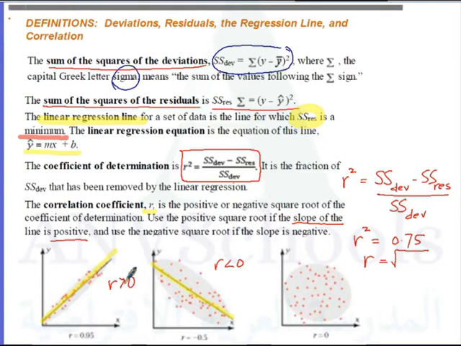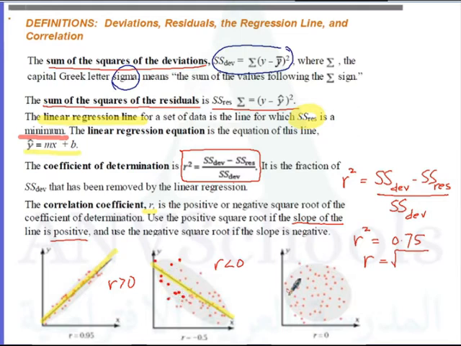And R is equal to 0 if you couldn't really find the best fit line, such as in this case, which is circular. It's very hard to get the best fit line for this. Unlike here, where you are able to identify the best fit line because these dots are closing in to a certain linear formation.